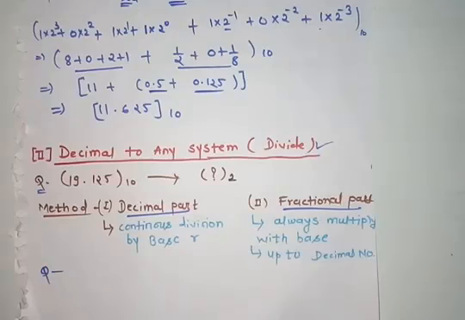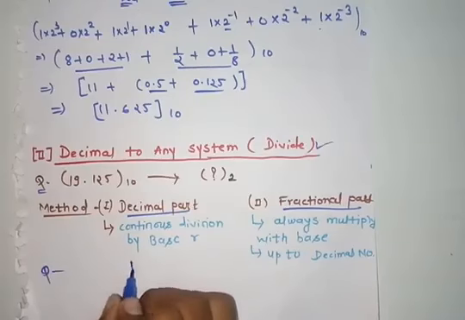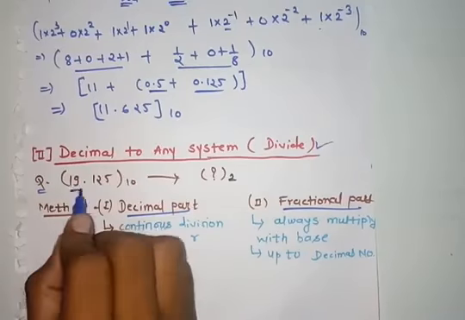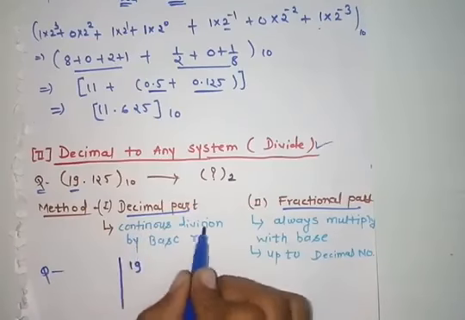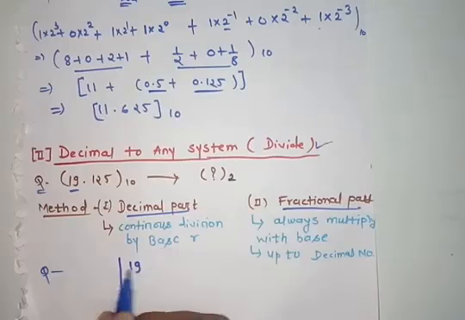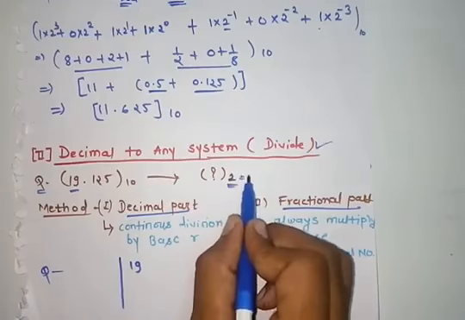I take 19, the integer part. What I told you is continuous division by base r. What is the base value here?